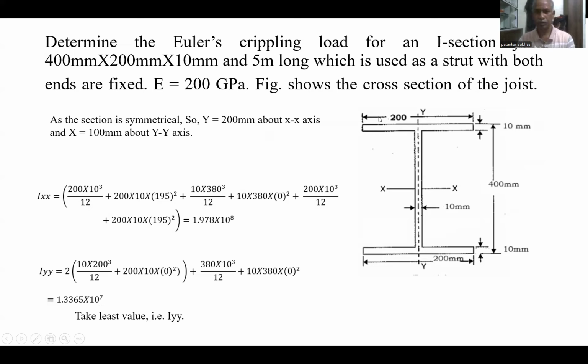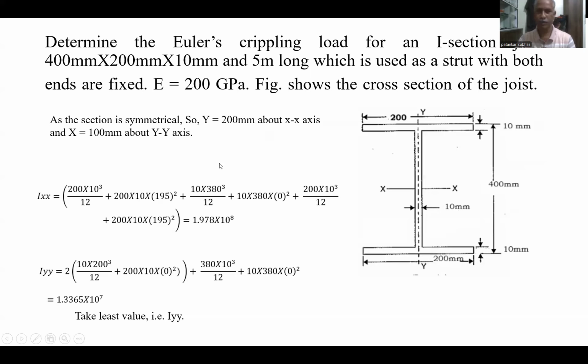So first of all, we can find the CG. But here we know that this section is symmetrical about the x-axis and y-axis, and that's why the CG of the section along the x-axis is 400 divided by 2, and along the y-axis it is 100, because this is 200.